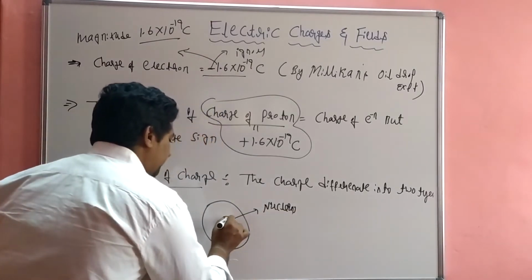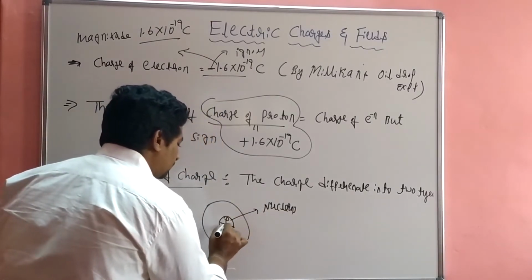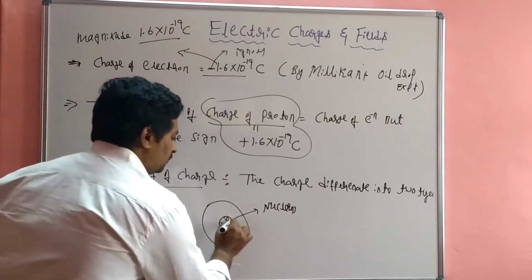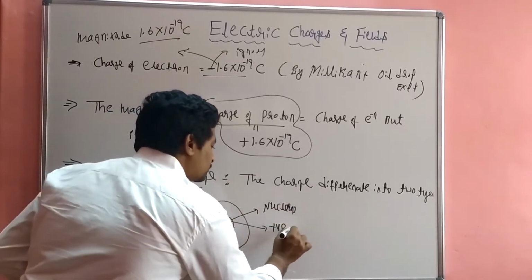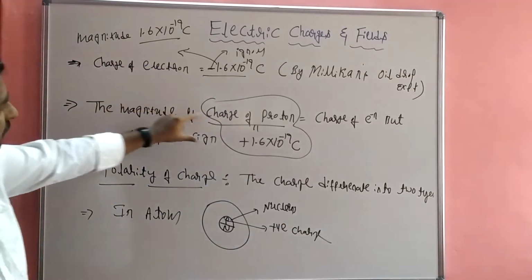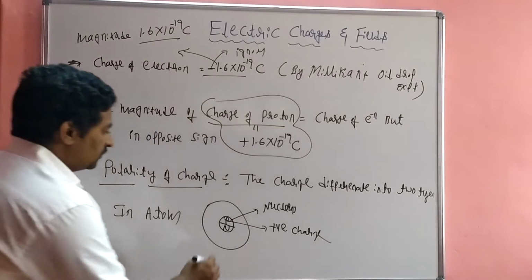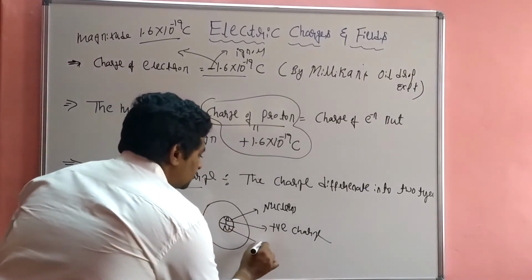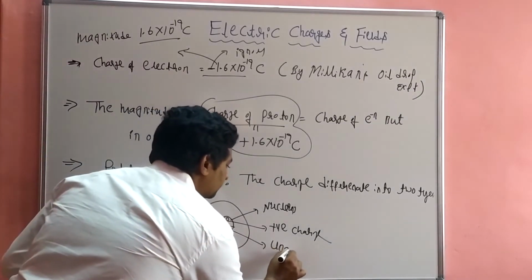The nucleus is mainly consisting of proton and neutron. The protons are positively charged, and neutrons are uncharged.